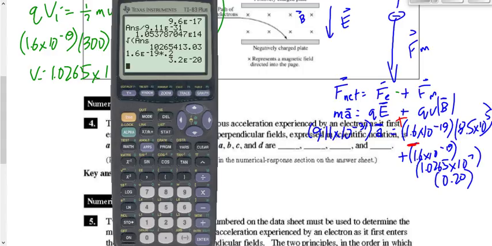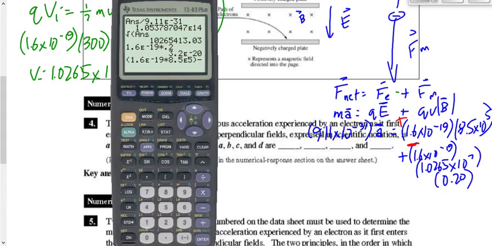Let's find my electric force now. 1.6 times 10 to the minus 19 times 8.5 times 10 to the 5. Subtract my magnetic force. Let's divide that by the mass. And we get 1.49 times 10 to the 17.